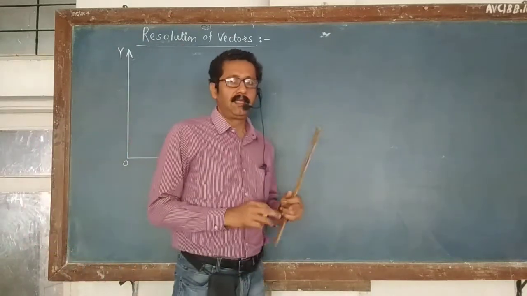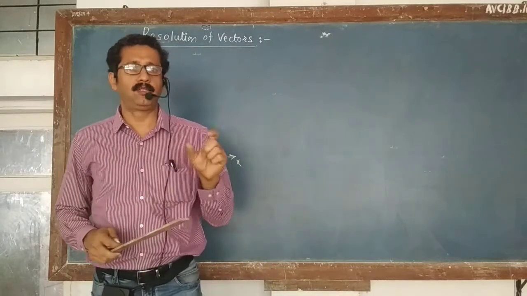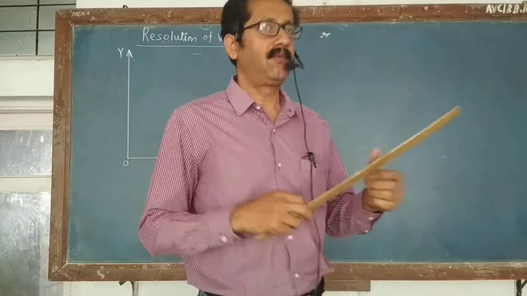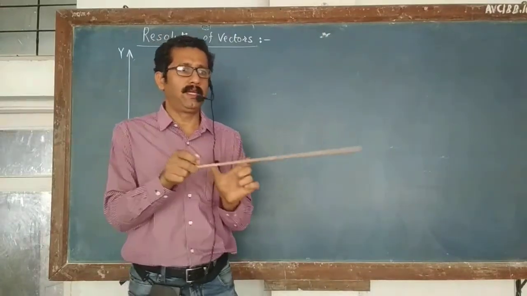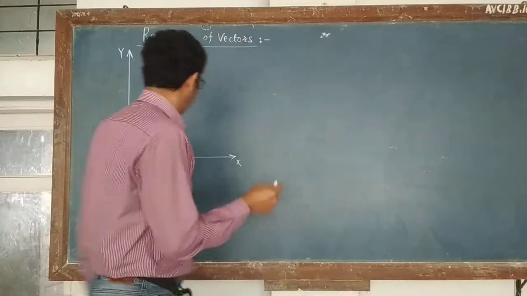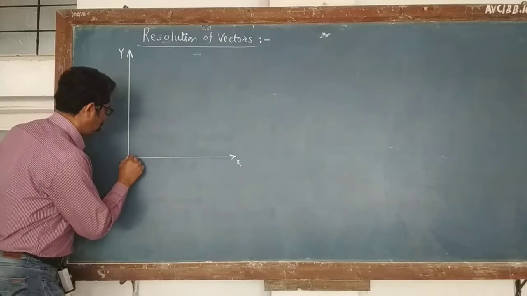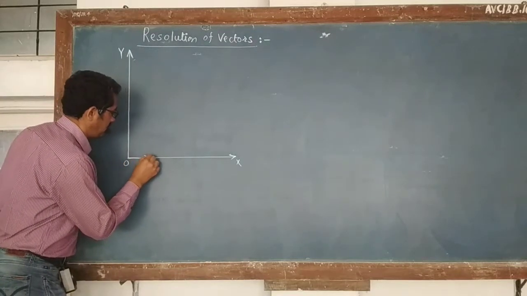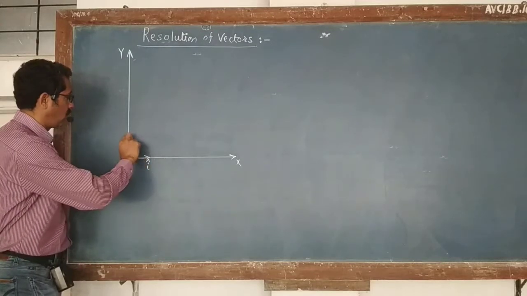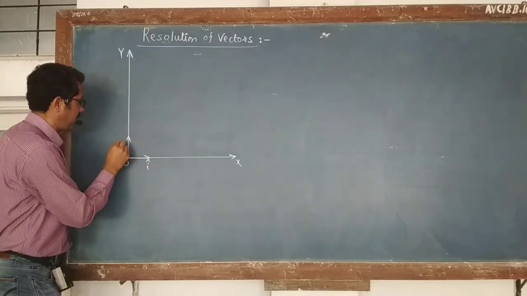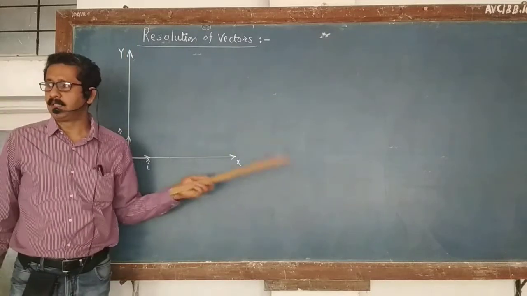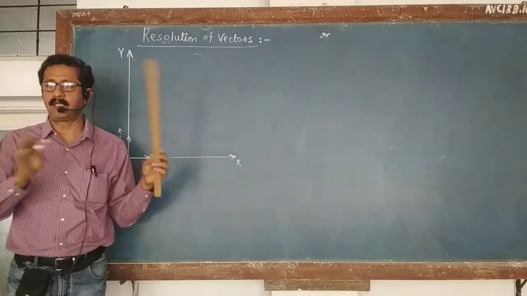For simplicity, we specifically choose unit vectors along the x, y and z axes. Whenever you consider one unit along the x-axis, it will be represented as i cap, which we have been speaking about. So the unit vector along the x-axis is always considered as i cap, and with the same magnitude along the y-axis it will be considered as j cap. Because my diagram is in 2 dimensions, I cannot show a 3-dimensional axis.